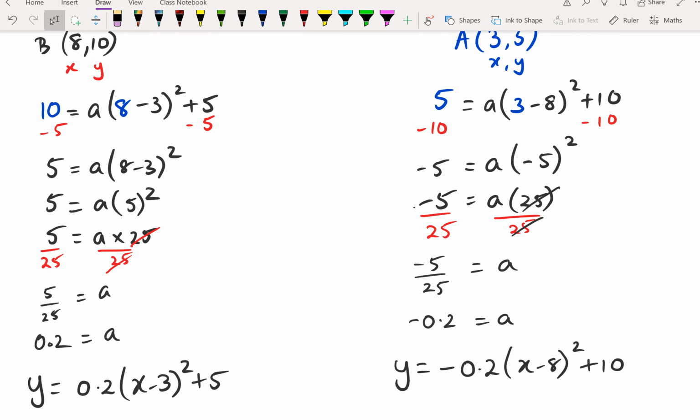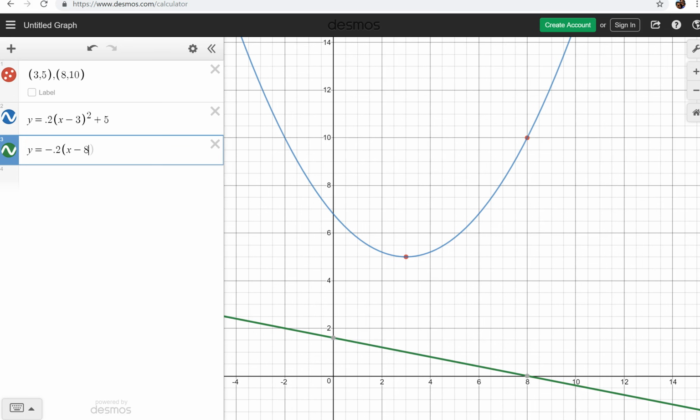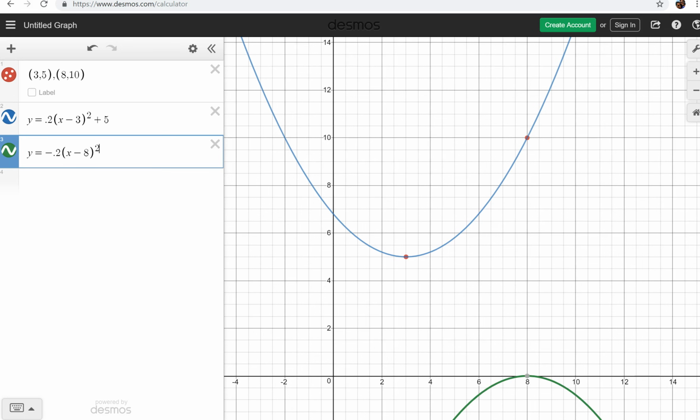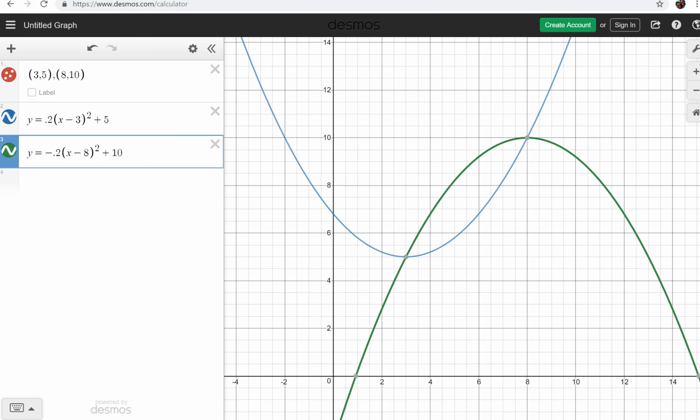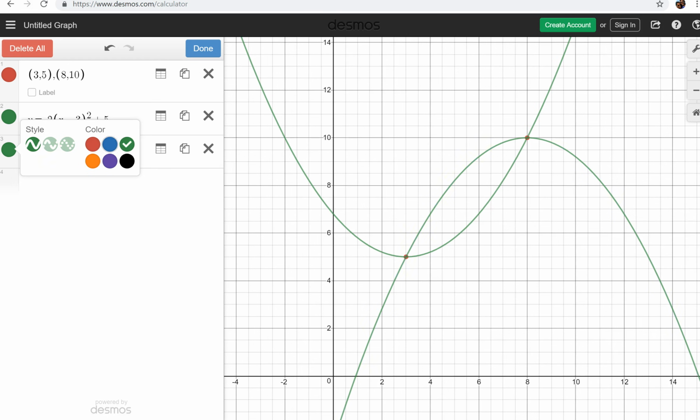Again, I want to check whether this is right or wrong, so I'm going to go back into Desmos and put in the next parabola. That was y equals -0.2(x - 8)^2 + 10. And as you can see, that graph is also going through. Maybe I'll change the colors.